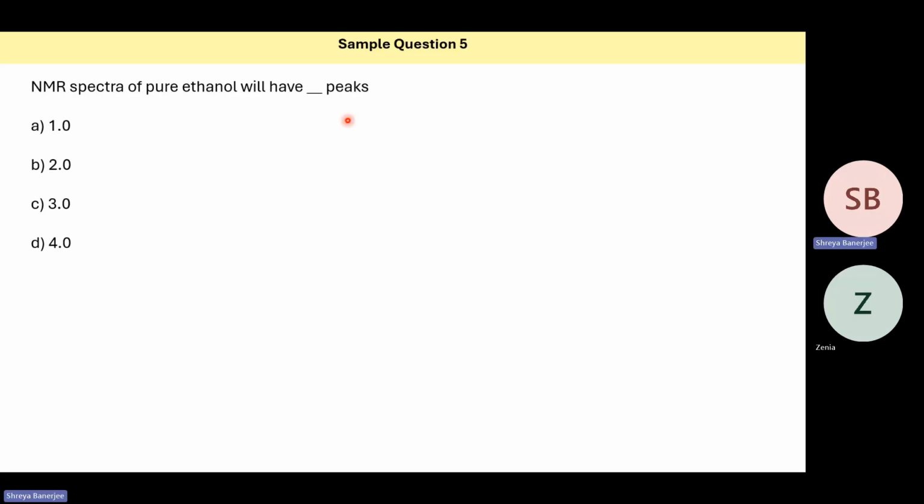Another question is asking that the NMR spectrum of pure ethanol will have how many peaks?